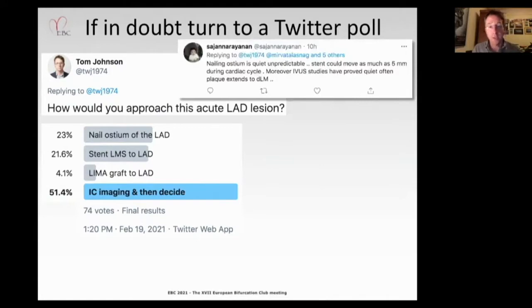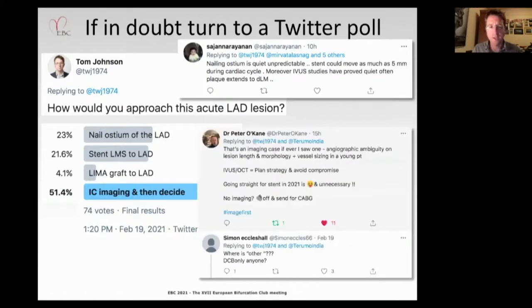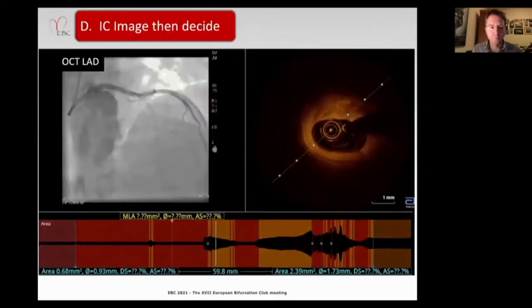But some of the respondents were suggesting nailing an ostium is unpredictable, and we certainly know that imaging studies help in delineating where disease extends. Going straight to a stent, Peter O'Kane would suggest, is unnecessary, that you have to consider the imaging. Simon Eccleshall suggested that we should be considering a drug-eluting balloon.